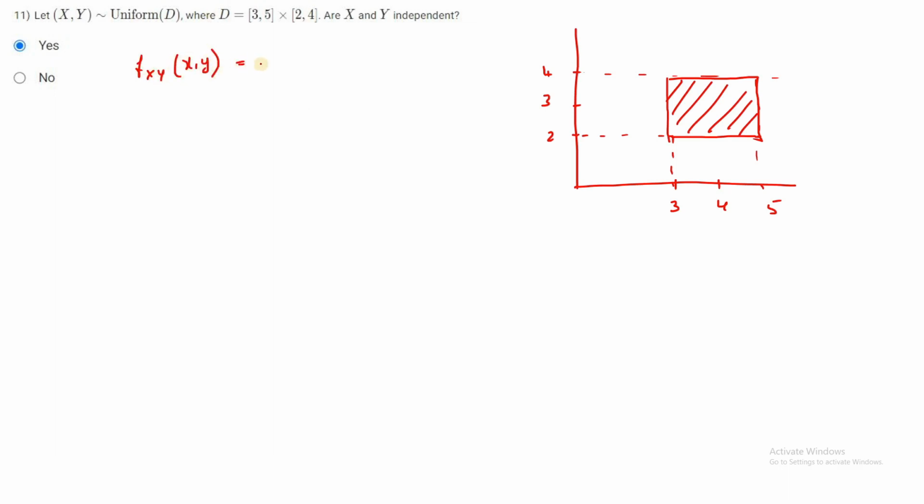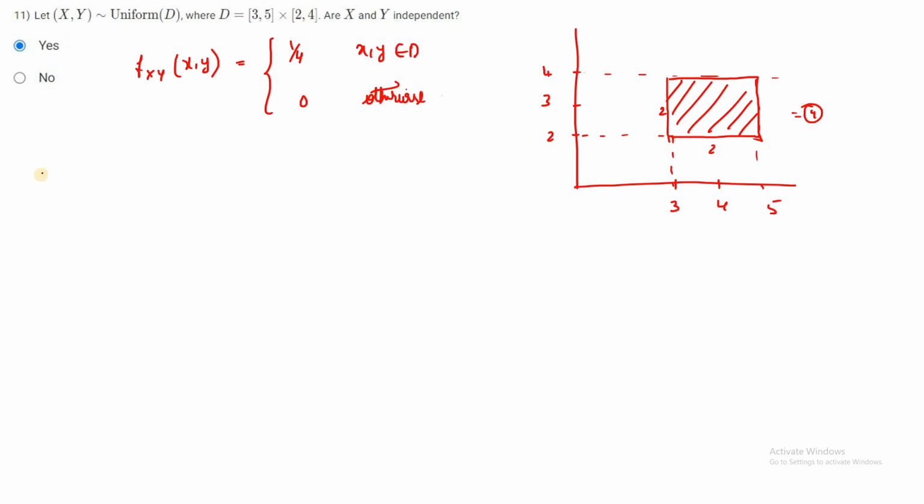That is nothing but 1 by 4. Remember, the area of this is 2 into 2, that is 4. 1 by 4 wherever x comma y belongs to D, and 0 otherwise.